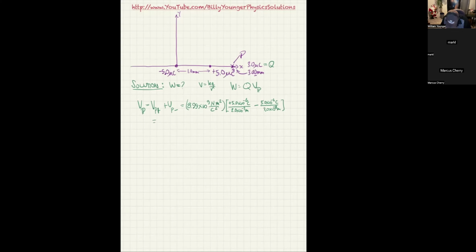It looks like I'm going to take 5 times 10 to the negative 6 and divide it by 2 times 10 to the negative 3. That's 0.0025.